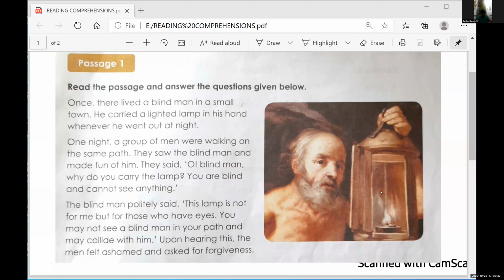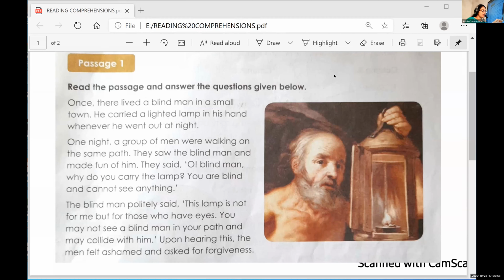And the book. Okay. Read the passage and answer the questions given below. Once there lived a blind man in a small town. He carried a lighted lamp in his hand whenever he went out at night. One night, a group of men were walking on the same path.